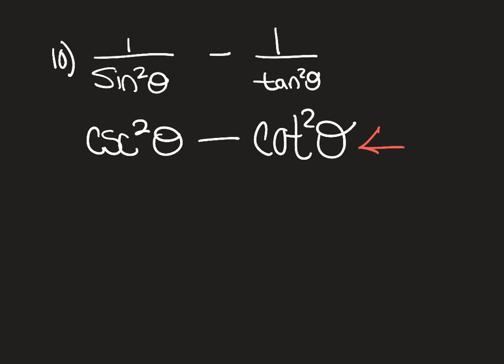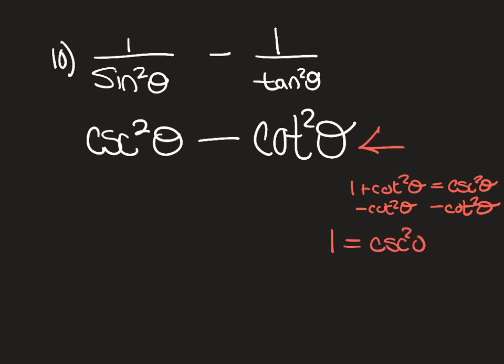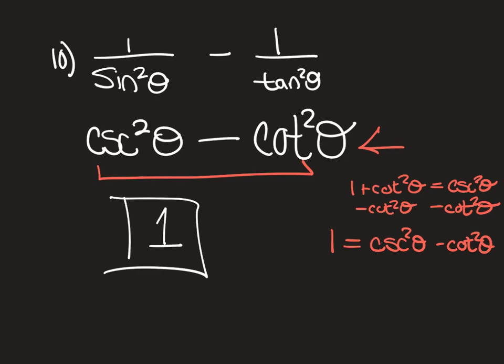Because we have a Pythagorean identity that says 1 plus cotangent squared theta equals cosecant squared theta. So I'm going to subtract this cotangent squared over to the other side. And you're going to get that 1 equals cosecant squared theta minus cotangent squared theta. So this whole thing right here is equal to 1. Not so bad. See, fractions are okay.